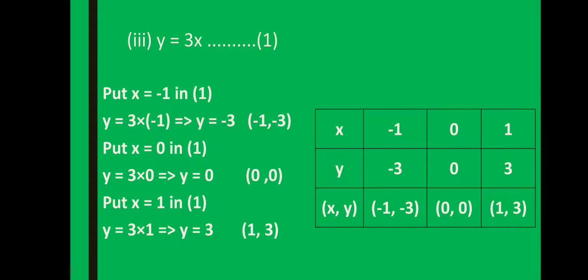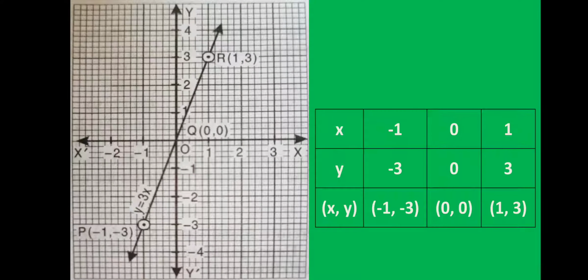Then we will draw a graph for the same. Now the first point is minus 1 comma minus 3, so we will find minus 1. Firstly we will draw two intersecting lines, that is the x-axis and y-axis. As we know that we have minus values also here, so we will take the minus values also.